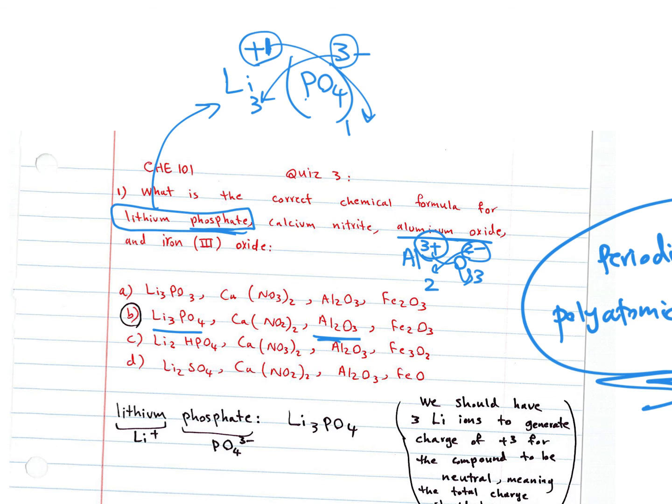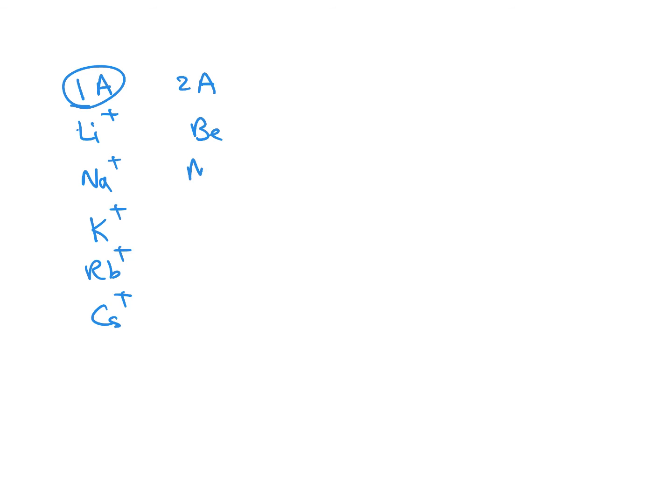But before continuing with this, let me tell you, group 1A metals, lithium, sodium, potassium, rubidium, cesium, have a charge of +1. Group 2A, beryllium, magnesium, calcium, strontium, barium, have a charge of +2, they're cations, okay?